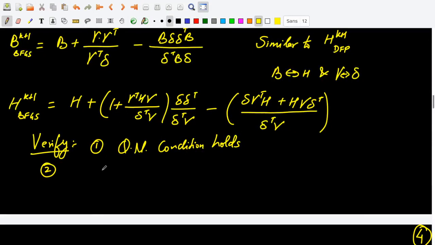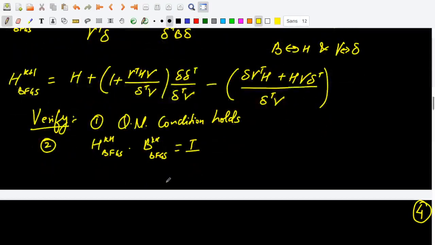Also, you can verify that H and B are inverses of each other, just like our DFP method. Also, you can verify that the update for BFGS is also rank 2.